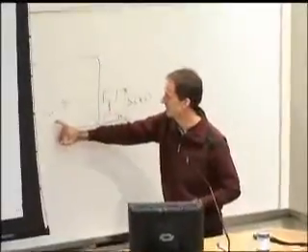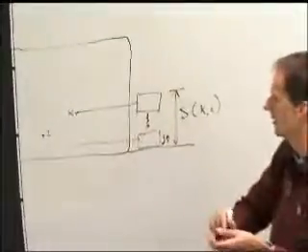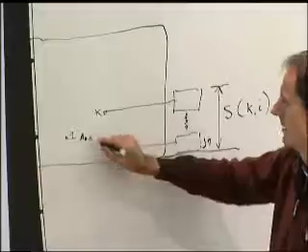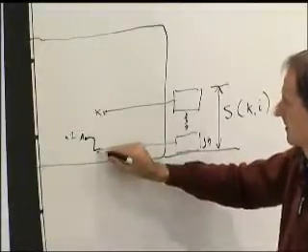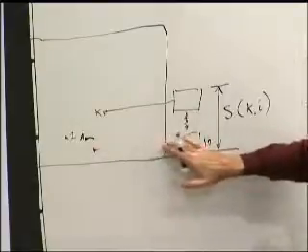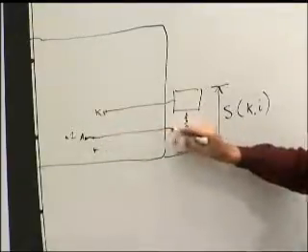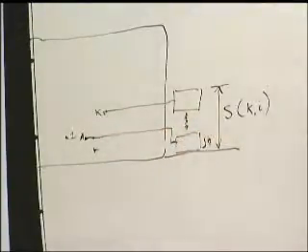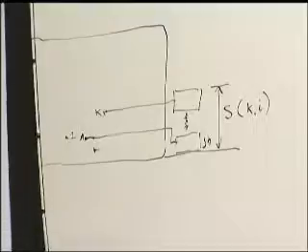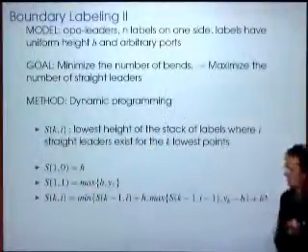And if the point is up here, then you cannot do a straight one. So that is 1, but no straight.